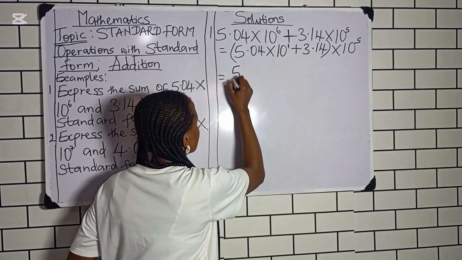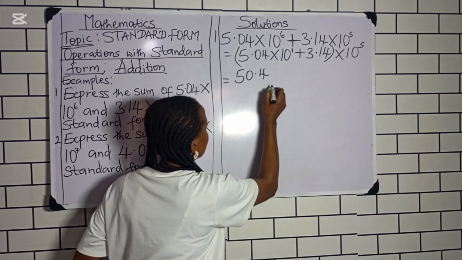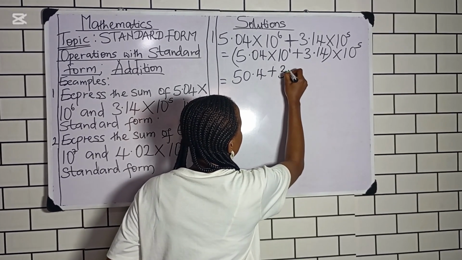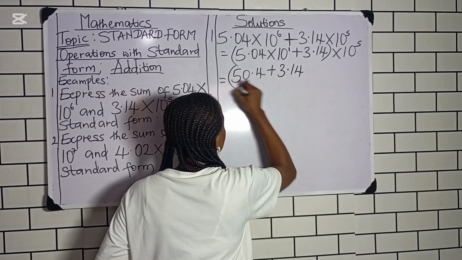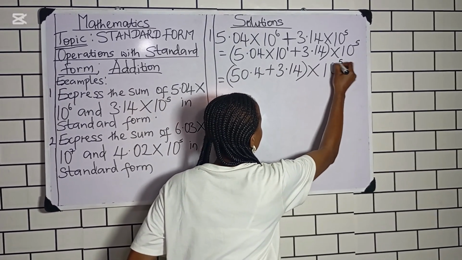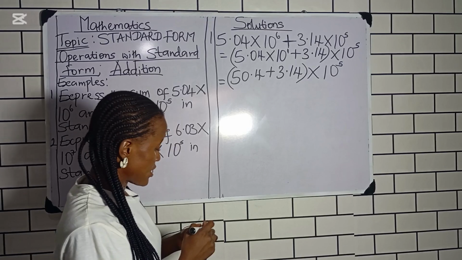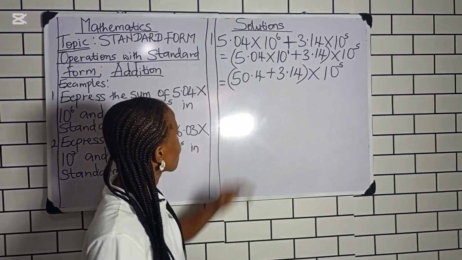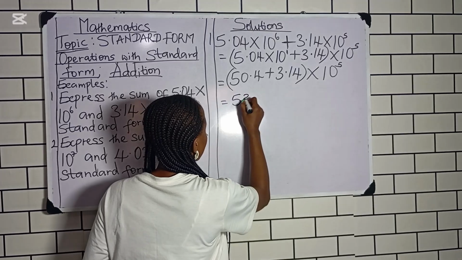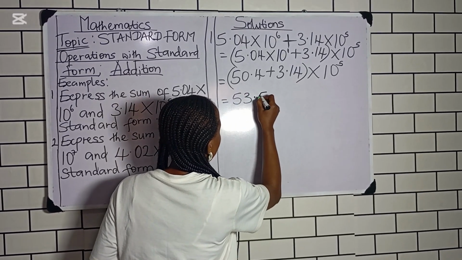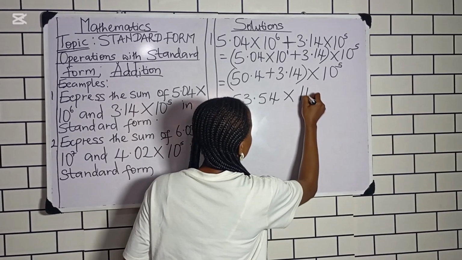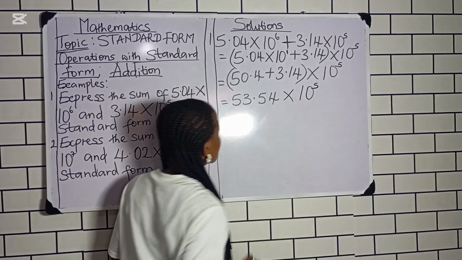We have 50.4 plus 3.14, all in brackets, times 10 raised to power 5. Now we're going to add these two. This will give us 53.54 times 10 raised to power 5.